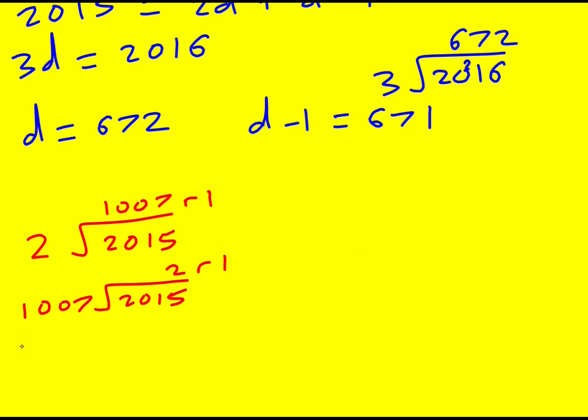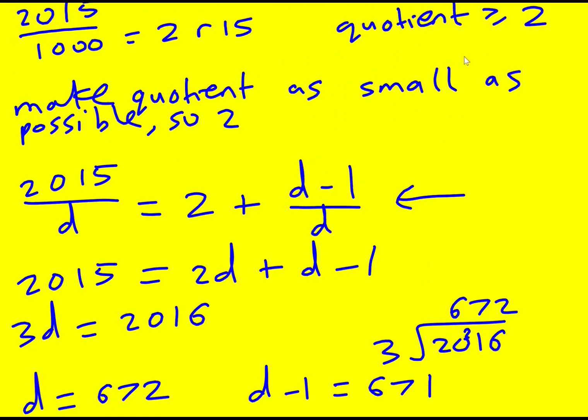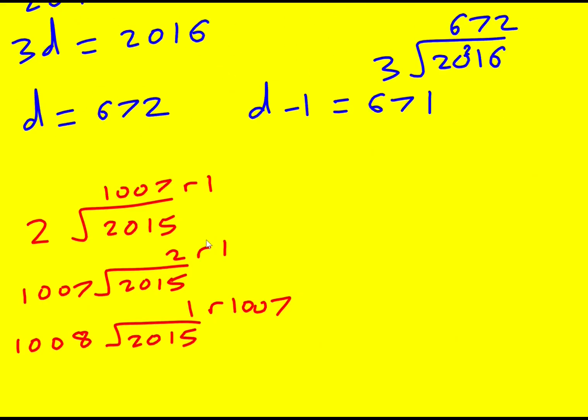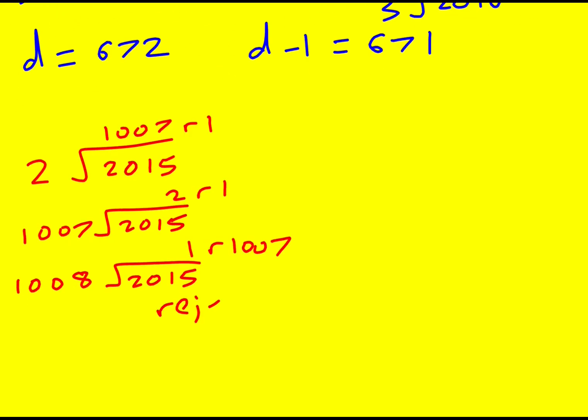But what if I divided by the next number on, 1,008? Because I had a remainder of 1, now I'm not going to be able to get a quotient of 2. I'm only going to get a quotient of 1. And I'm going to be left with a remainder of 1007. So actually, I think out of every single number that we could pick, the largest remainder would be 1007. However, we are told that we are only dividing by numbers up to 1000, so I'll reject this one. I can't actually obtain that remainder because this is greater than 1000. But it sets me on the right path.